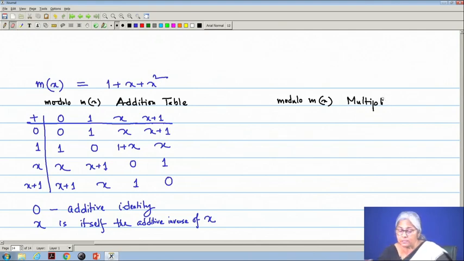For multiplication, if the product has degree greater than n, here it is 2, then we have to divide by this irreducible polynomial m x and take the remainder.